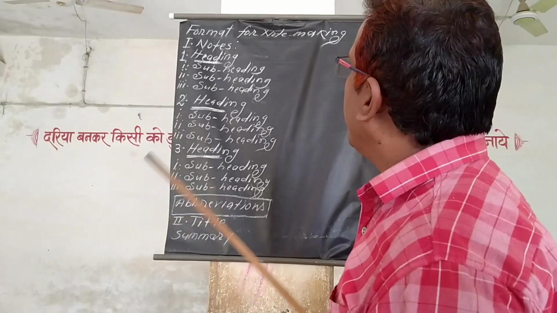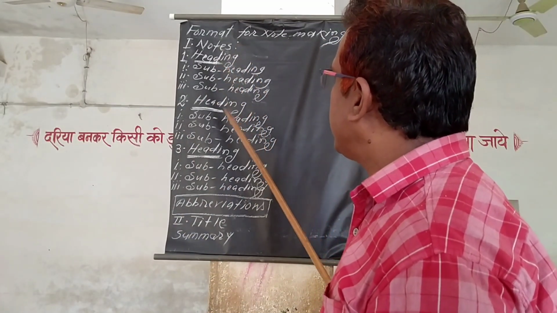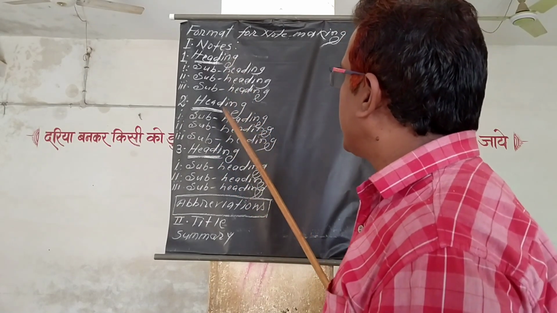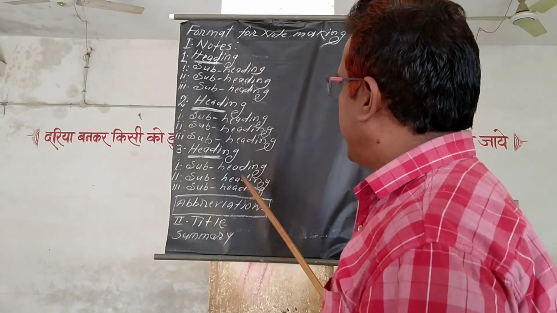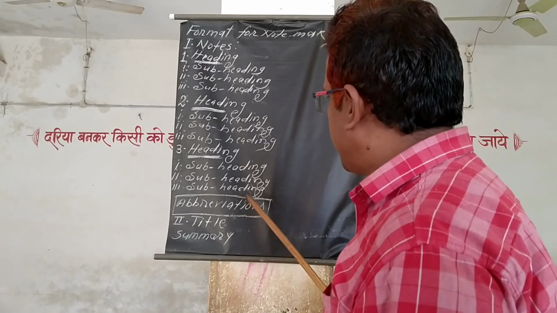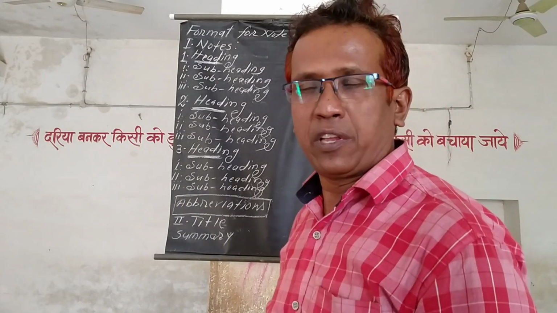According to the question, in note making, you can see headings, and to support the headings, there are subheadings. And after subheadings, there is a step of abbreviations, and then title, then summary.